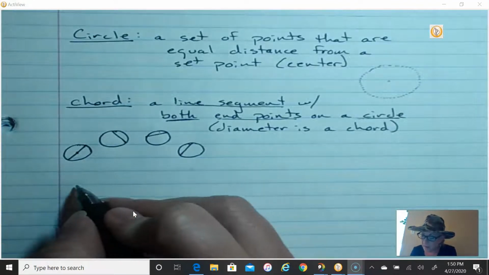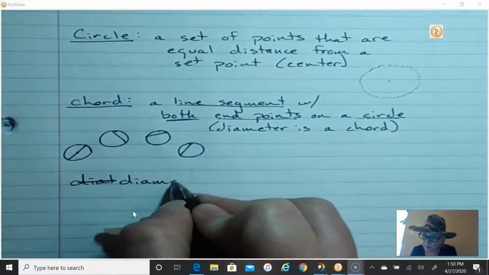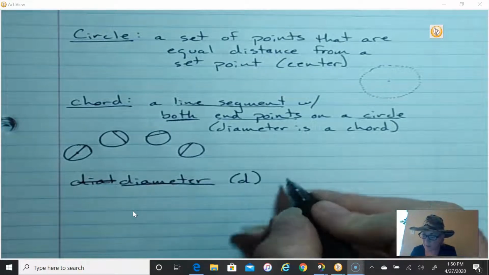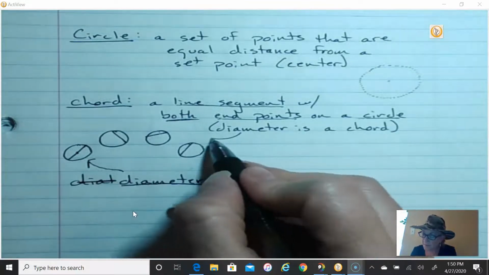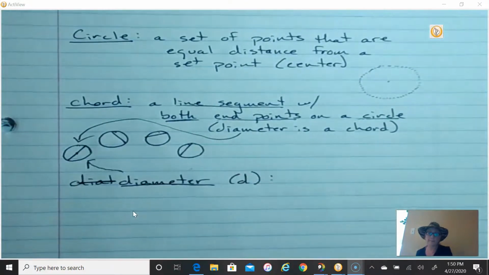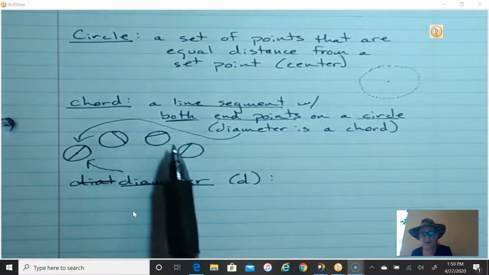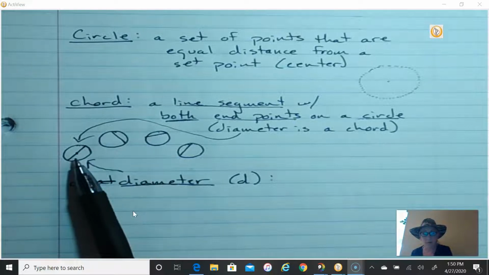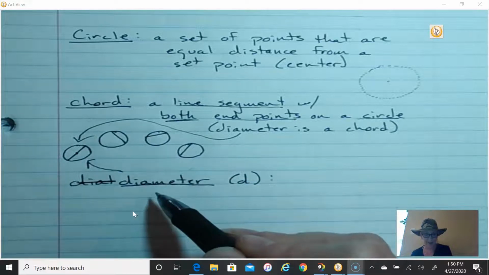But this is also a diameter, and it's denoted by the letter D. A diameter is a line that goes straight through the center. It has to go through the center. None of these are diameters. They're chords, but they're not diameters. This one, where the line goes through the center, is a chord and a diameter.